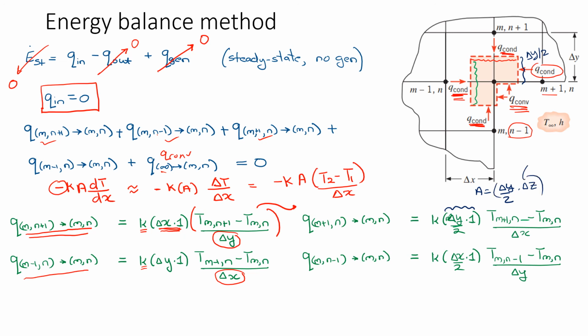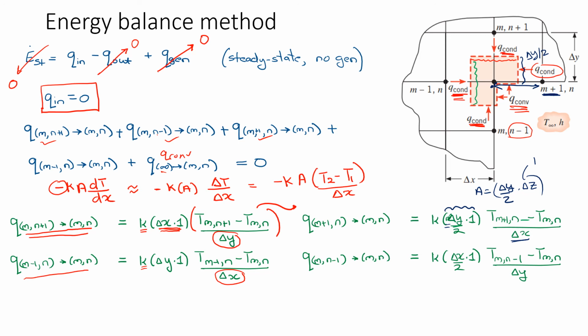But your delta z is 1. And the temperature difference is T at m plus 1 comma n minus T at m comma n, divided by delta x. So the temperature is still being transferred across a distance delta x. So this distance right here is still delta x. So we have a delta x in the denominator, but for the area we have delta y by 2.